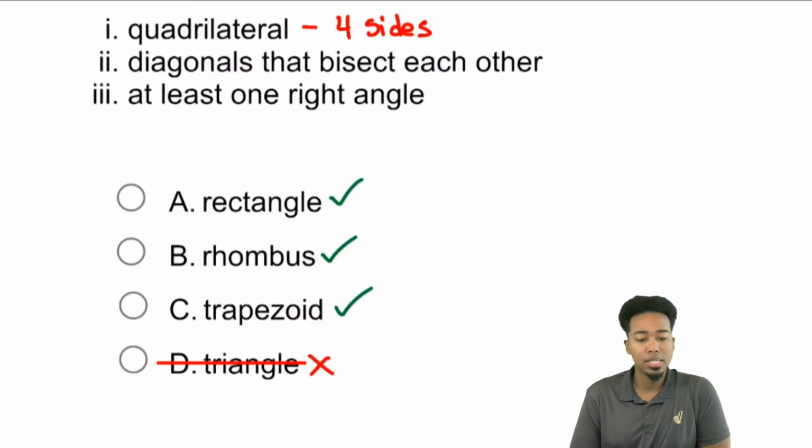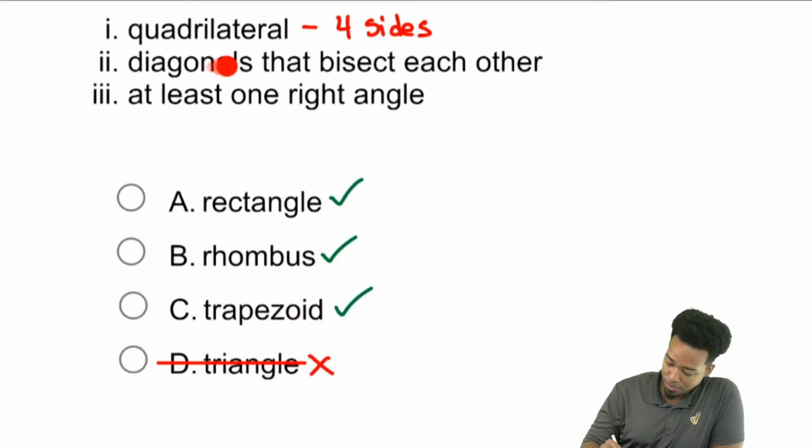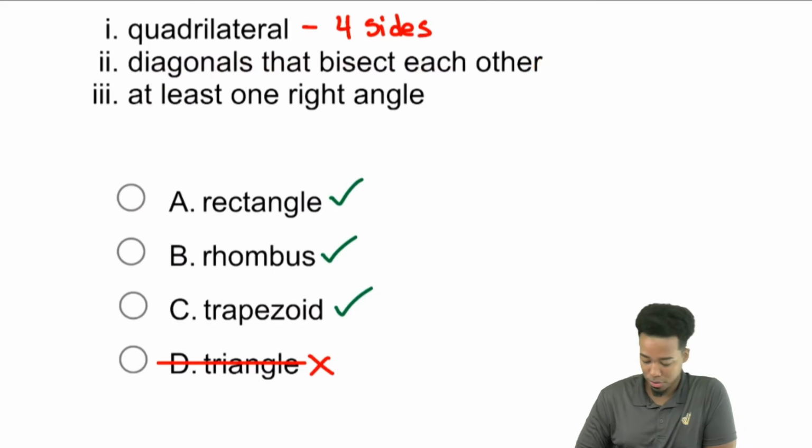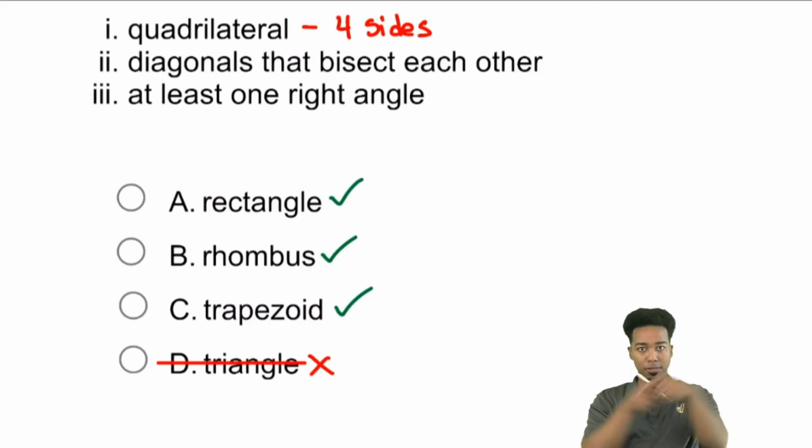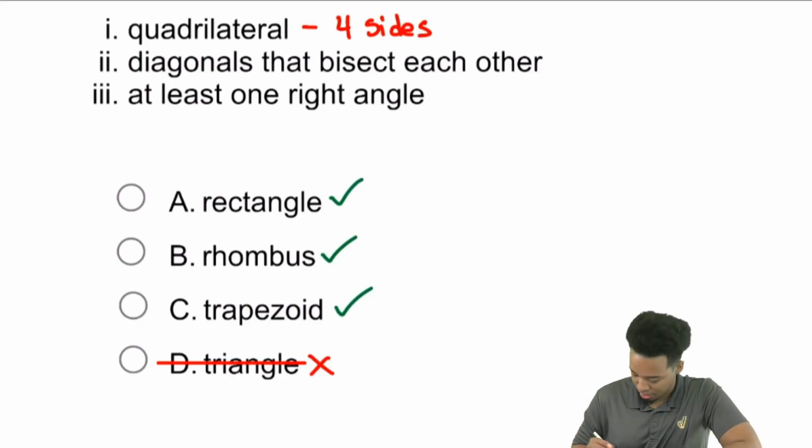Next up, it says the diagonals bisect each other. What does that mean? What that means is the diagonals, when you're going inside of the lines, they cut each other in half. So let's see what we have here.